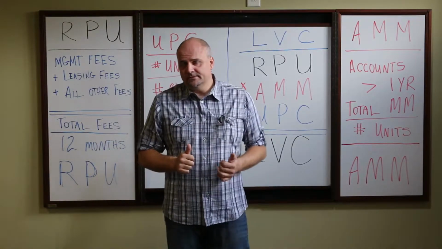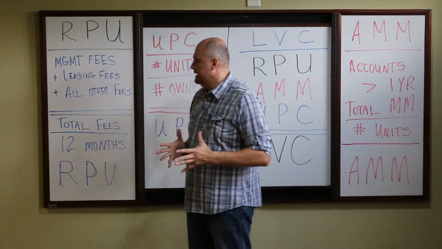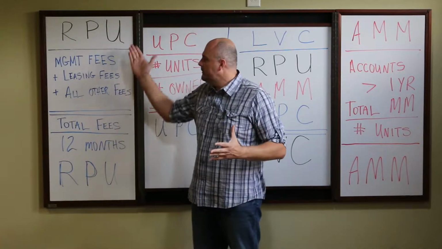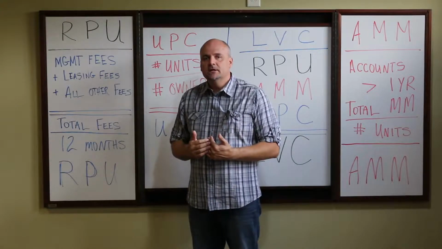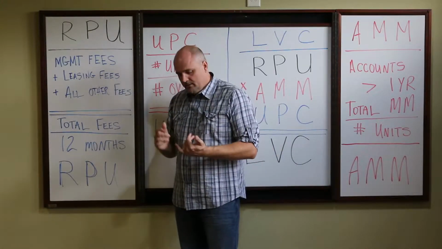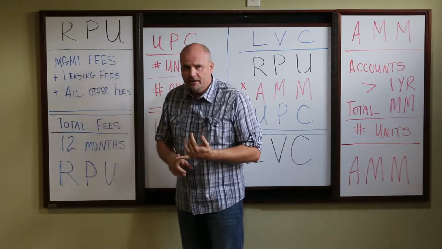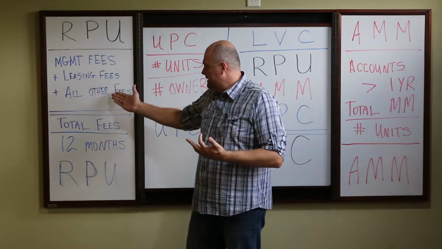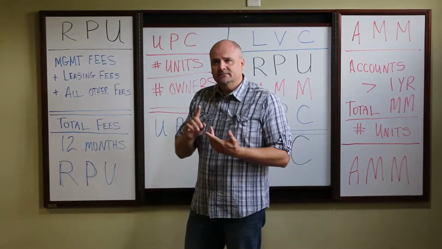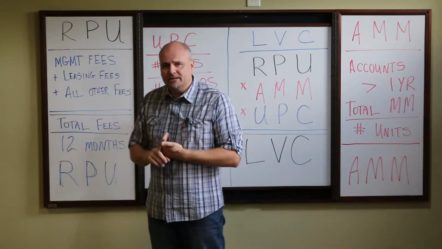First piece is going to be your revenue per unit, and that's just the total amount of money that you make per unit, and then you find an average for all your properties. Your management fees come in every month, but you're going to have some sporadic fees too, like lease fees and ancillary fees like setup fees, application fees, and inspection fees.